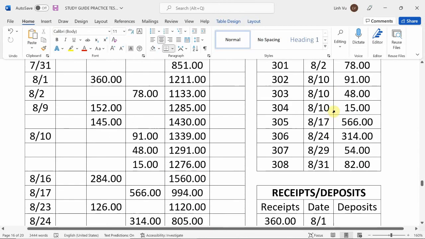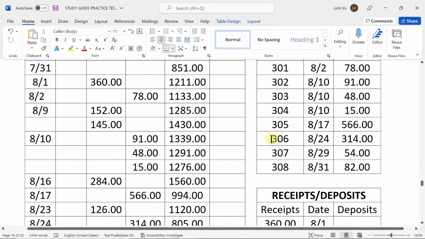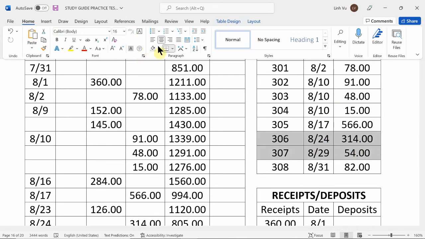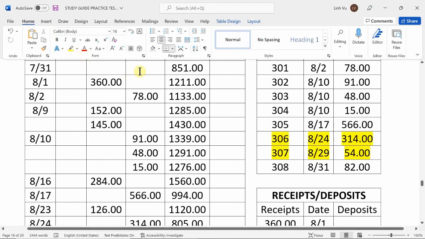So let's confirm my check ledger. Check number 306 and 307 are right here. So 306 I wrote for $314, and then check number 307 was for $54.